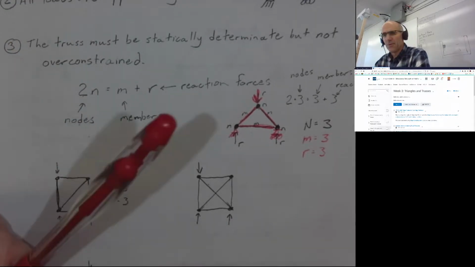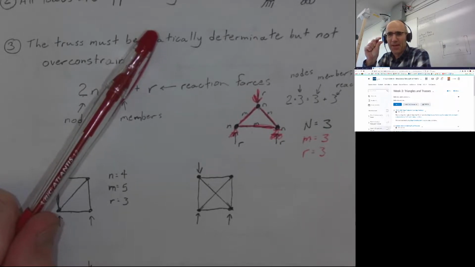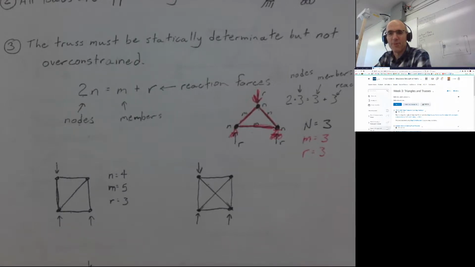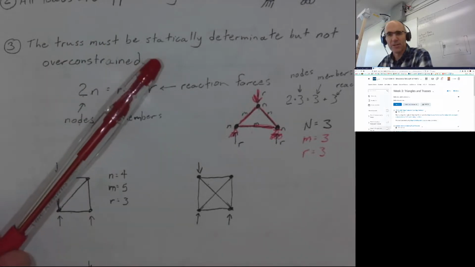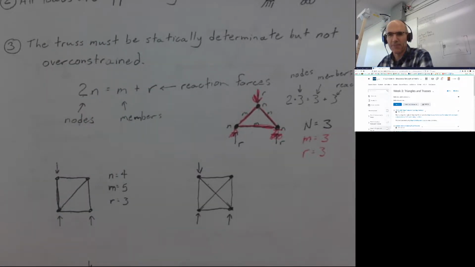So although the words are really big, the math is really small. 2 times 3 equals 3 plus 3. That means we can calculate it as a truss. We can calculate it manually. There's a whole bunch of computer calculations and more sophisticated calculations and even manual calculations that people did long before computers came along that can be used to solve trusses that are either statically indeterminate or over-constrained.